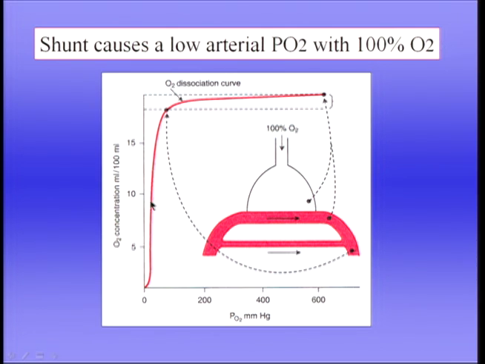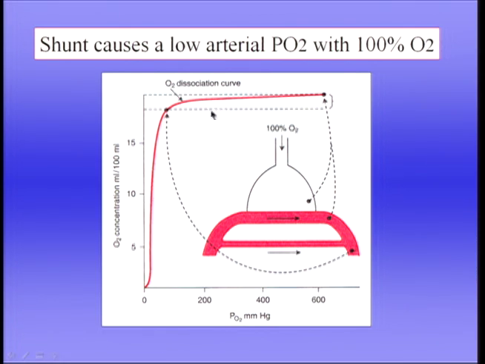So when we look at this curve of oxygen concentration against PO2, what we see is the normal dissociation curve shape, the S shape, up to a PO2 of 200 or so, and after that, the curve is straight, with a small rise in oxygen concentration as the PO2 is increased. What's the slope of this line? Who can tell me? Well, it's the slope caused by the dissolved oxygen.